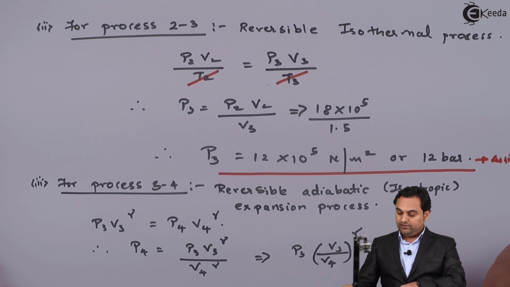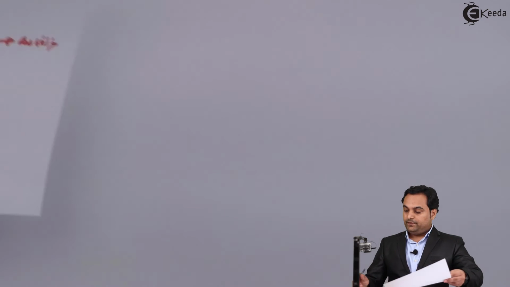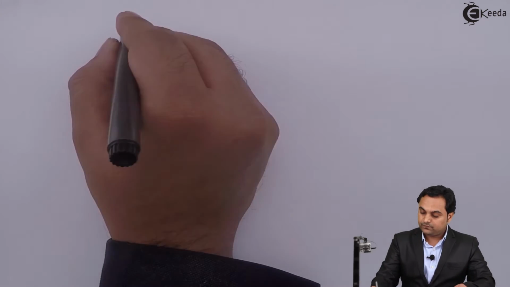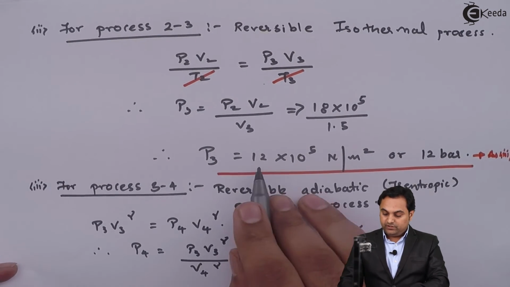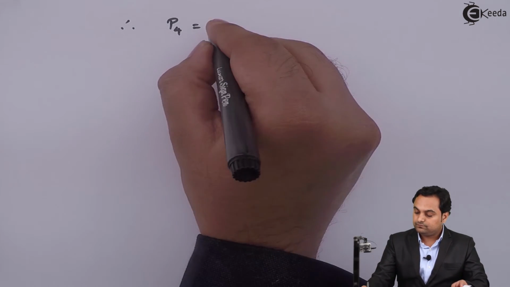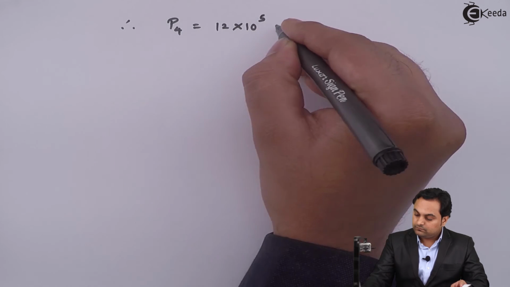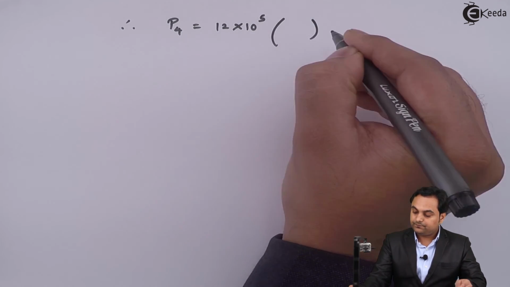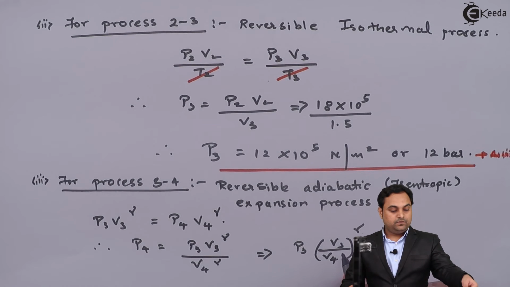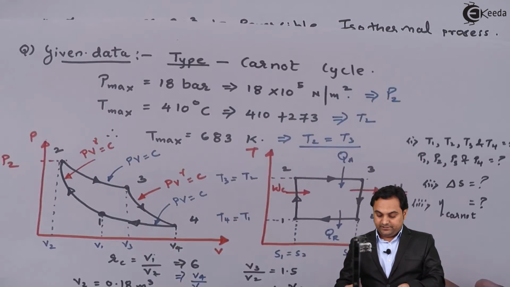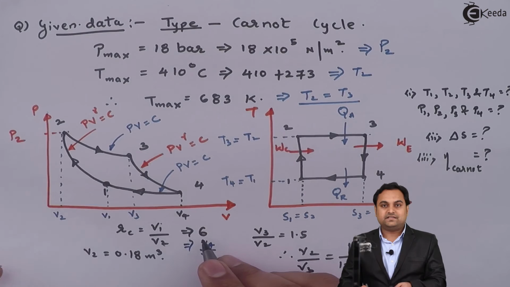So therefore I'll put the values onto the next page. Now P4 will be equal to the P3 value. First of all, P3 is 12 into 10 raised to 5. Next, here as we see it is V3 by V4. In the data as I have written, V4 by V3 is 6.